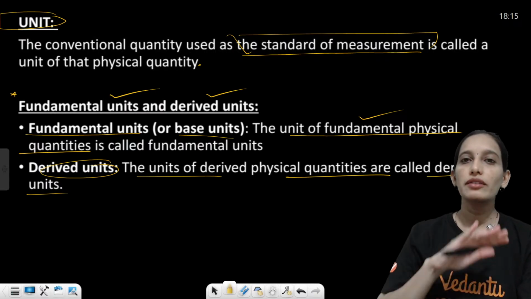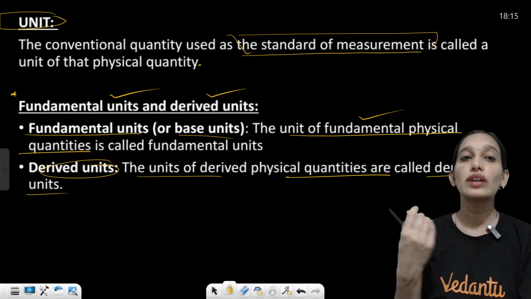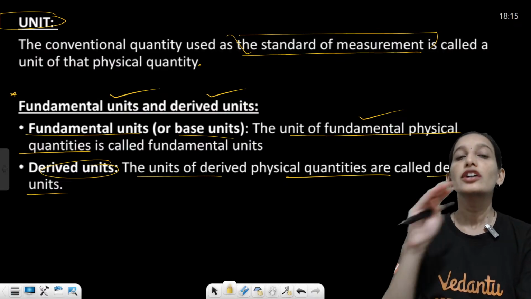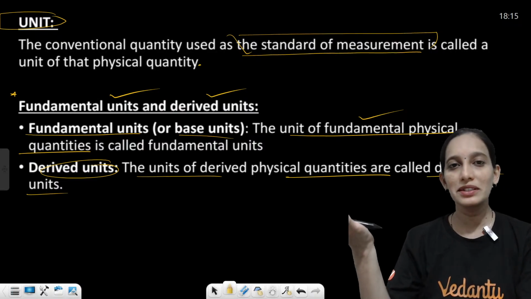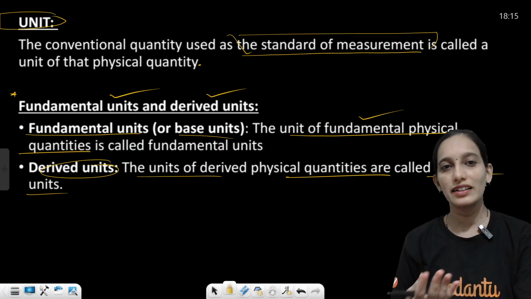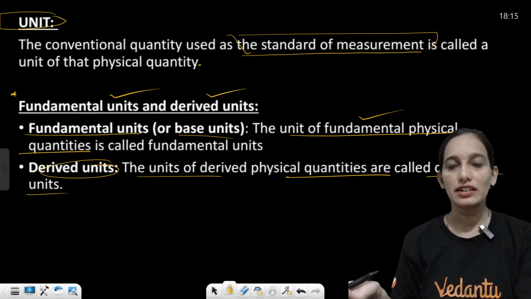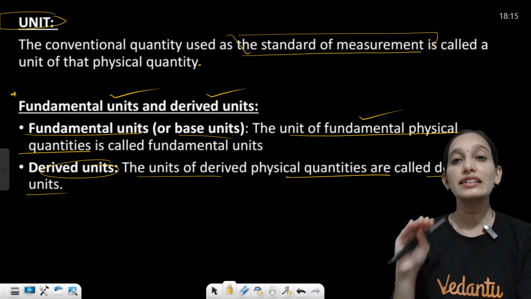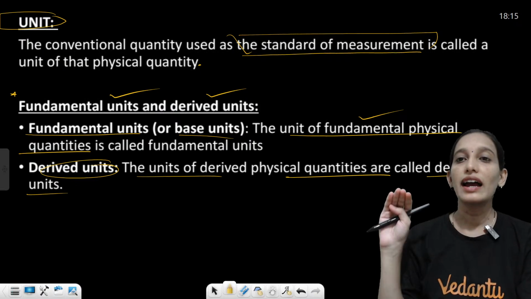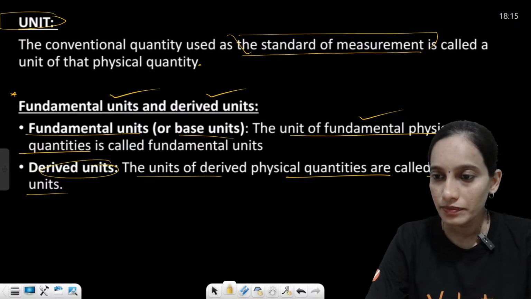Everywhere you go, it should be accepted and it should measure the same value. That is what your unit is. To avoid all confusion, like in India we say something is 1 centimeter, and if you go to any other country and they say something else is 1 centimeter, that doesn't make any sense, right? So to avoid all those confusions, we follow an internationally accepted standard reference. That is our unit.